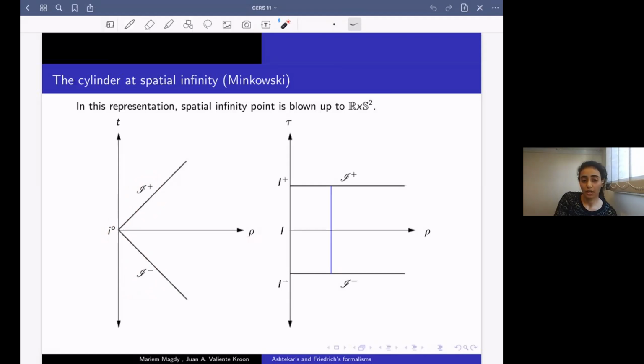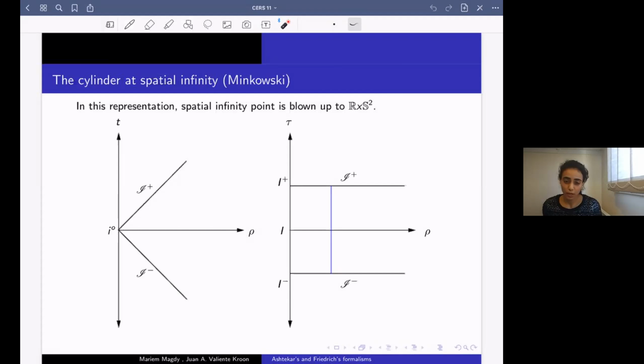Then by introducing a change in the time coordinate from t to τ, the Friedrich time coordinate in Minkowski, the point of spatial infinity can be blown up into a cylinder, which is represented in this diagram by an interval I. We also have the two critical sets, I plus and I minus, where null infinity meets the cylinder at spatial infinity.